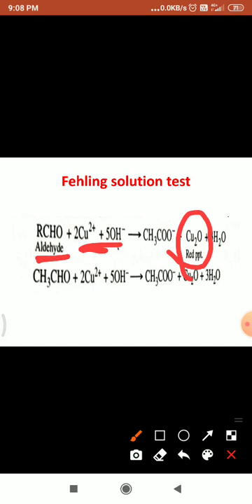Generally this cuprous oxide is red in color, that means a red precipitate, Cu2O, is formed. This indicates the presence of aldehyde groups. For example, acetaldehyde again reduces this Fehling solution to cuprous oxide, and a red precipitate is formed.